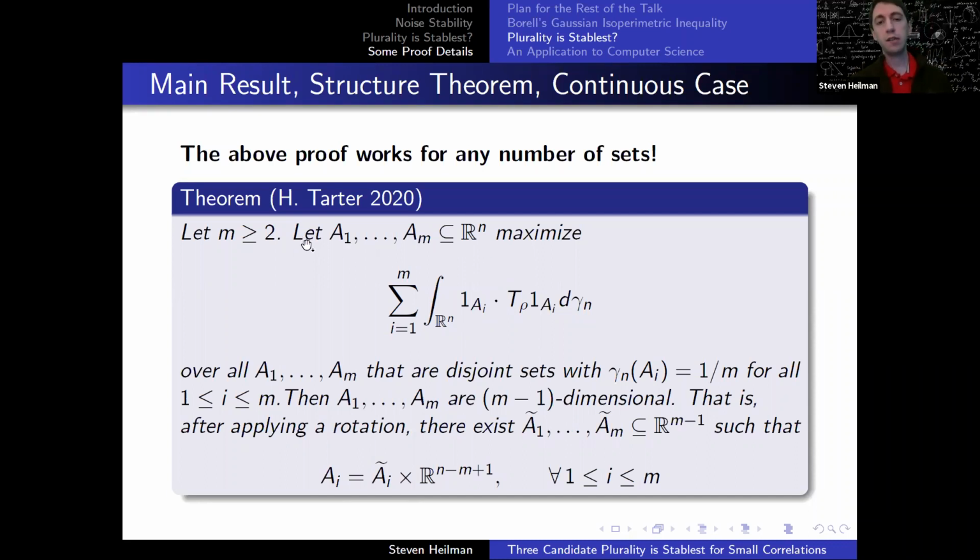If we have a bunch of sets, A1 to AN, that are disjoint, so if I just draw a picture, so we have like A1, sorry for the mediocre drawings, but sets A1, A2, A3, for example, if we want them to maximize the sum of their noise stabilities, then they're going to be low dimensional sets cross R, cross R, cross R, cross R. And this is the real main theorem.